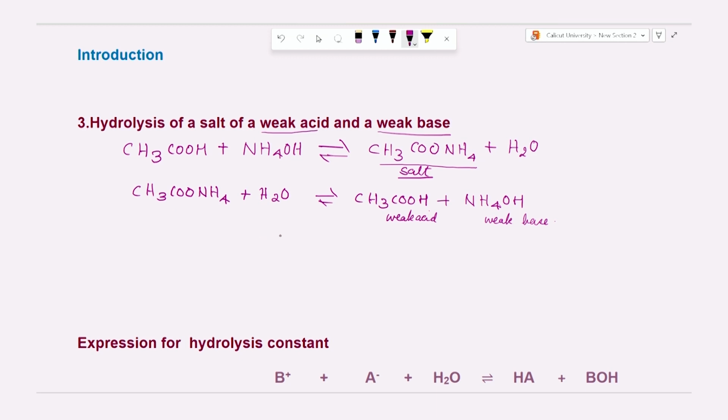Now, in this case this acetic acid and ammonium hydroxide can again get ionized. CH3COOH plus water gives CH3COO minus plus H3O plus, and ammonium hydroxide can ionize and give ammonium ions as well as OH minus ions, but these are very weak dissociations.